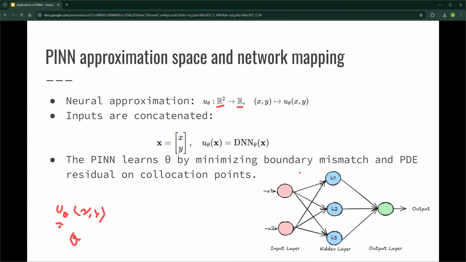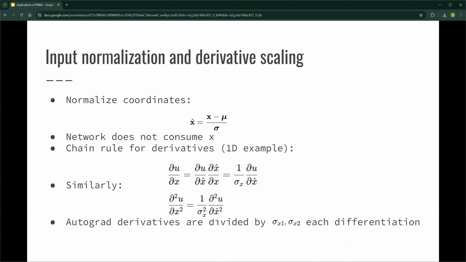So this is our neural network, a standard MLP with 2 inputs, our hidden layers here, and then a single output. So this would be our solution, which is measured by, I believe, the L2 error. But essentially we're trying to minimize the boundary mismatch. That's essentially it with this.